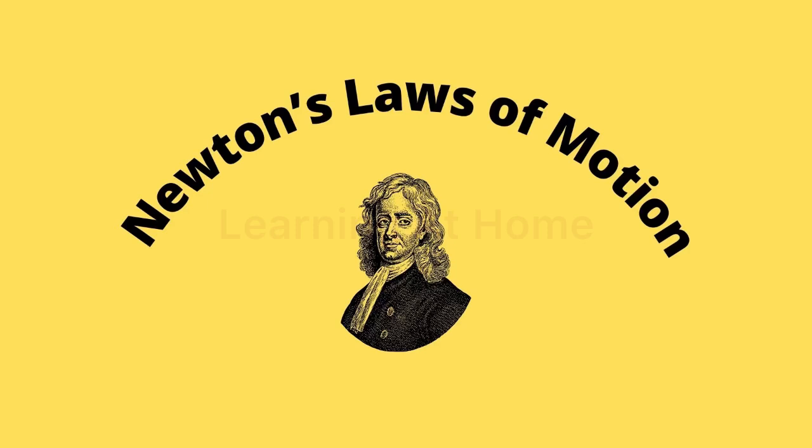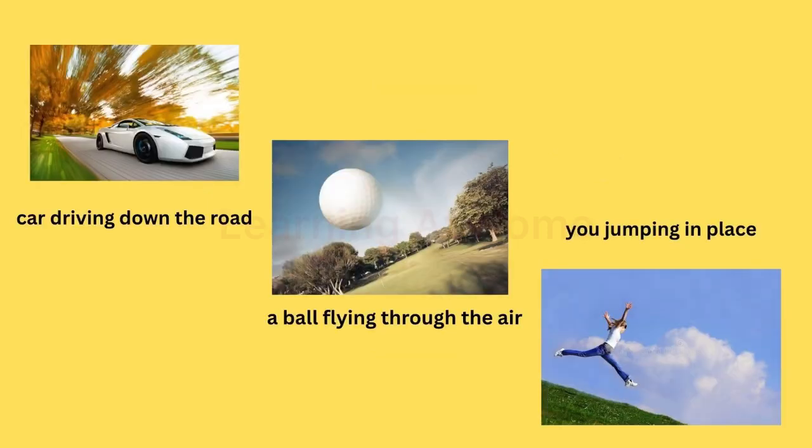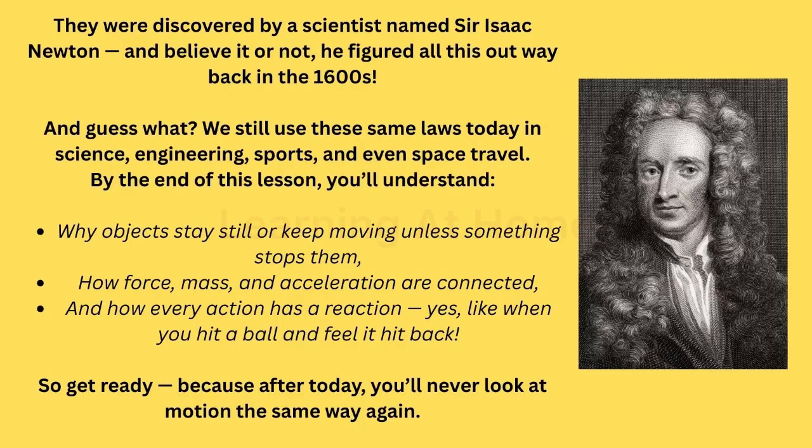Newton's laws of motion explain almost everything about how objects move, stop and react. They were discovered by a scientist named Sir Isaac Newton, and believe it or not, he figured all this out way back in the 1600s. And guess what? We still use these same laws today in science, engineering, sports, and even space travel.